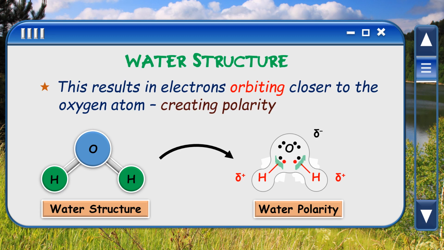Because the electrons are more towards oxygen, it develops a partial negative, and because the electrons have moved away from hydrogen, hydrogen develops a partial positive.